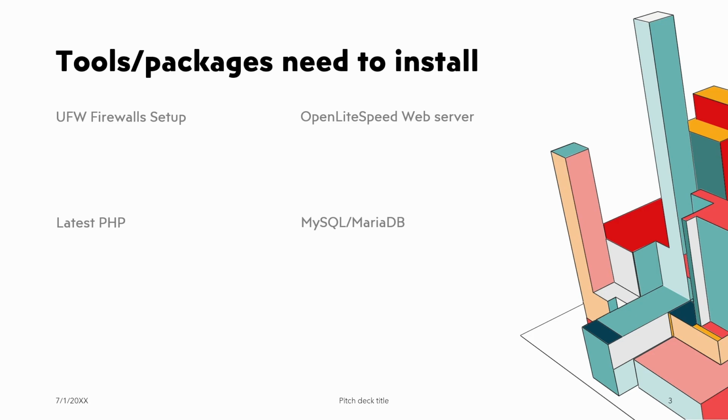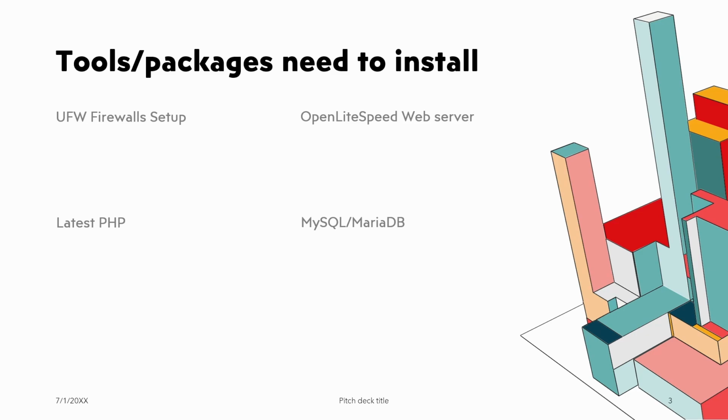But OpenLiteSpeed also comes with PHP 7.4, and if you need the latest one, you can install it, or if you need any previous version, you can also do it. So we will show you in this video how you can do it. And finally, the MySQL or MariaDB database is necessary to install.